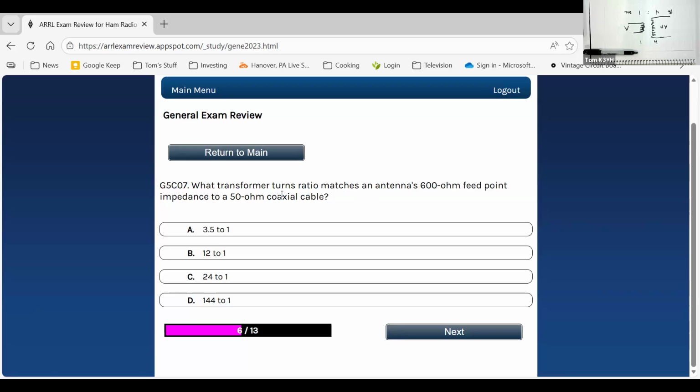So here it says, what transformer turns ratio matches an antenna 600 ohm feed point impedance to a 50 ohm coaxial cable? Okay, so what would be the turns ratio required for that? Okay, let me go and draw a picture of what we're talking about. So you got my paper upside down.